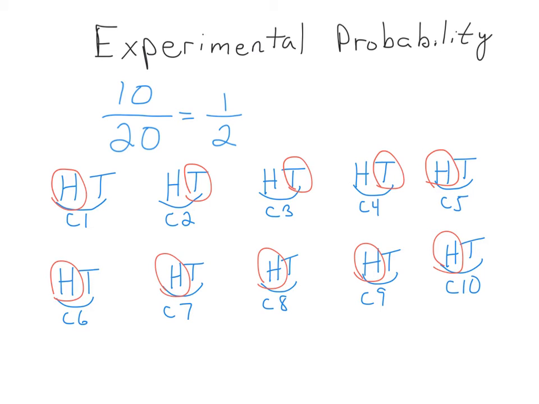Why? Because there's only a 50% chance that I get heads and 50% chance that I get tails. So that means out of 10 coins, 5 should land on heads, 5 should land on tails. But in this situation, that's not what happened. In this situation, we had 7 coins land on heads, and 3 coins landed on tails. All right?